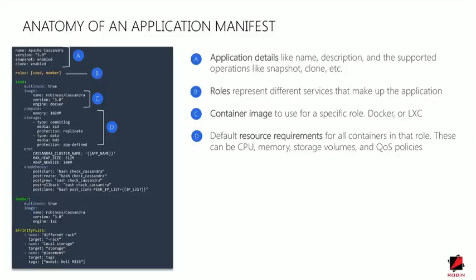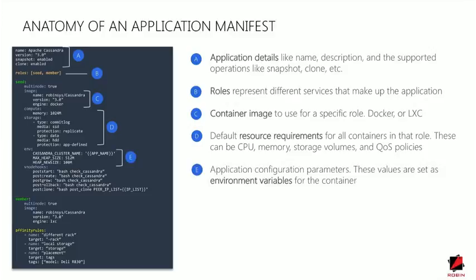And then you also want to specify the number of CPUs and the amount of memory that you want to allocate to each of these roles in this particular application or cluster component. Now, you could also define whether a cluster is multi-node or not. So when you say, I want to create a Cassandra cluster, I want one seed node, but maybe 4 member nodes, you can define that as well.